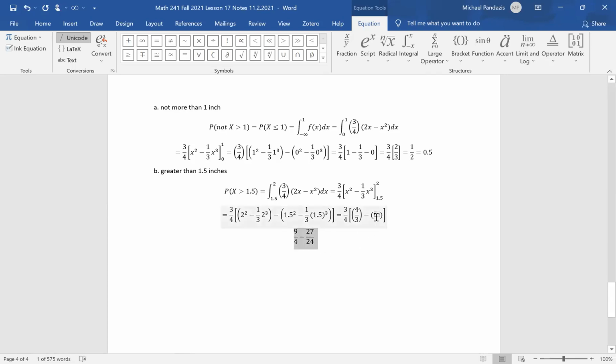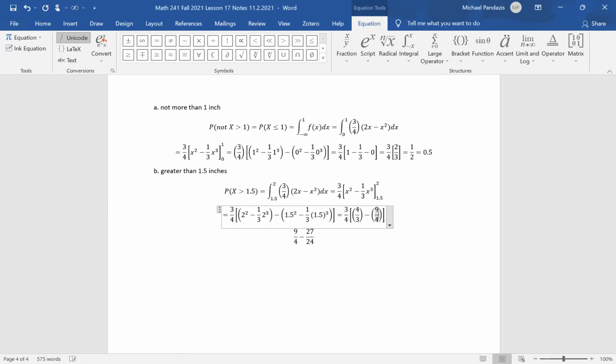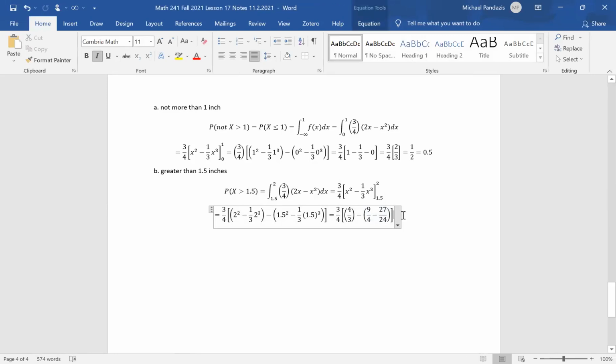Okay, so this is the thing. I'll just rewrite it. 9/4 minus 27/24. Computer doesn't want me to do that. Okay, so then to subtract the two things, this is equal to 3/4 times 4/3 minus, maybe distribute. So you have 3/4 times 4/3 is 1 minus.